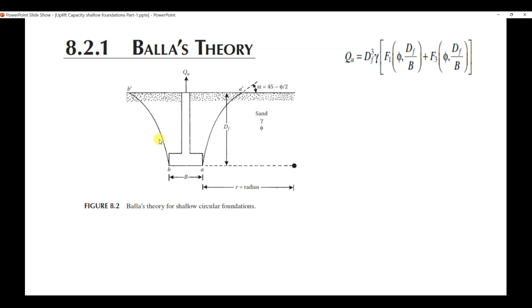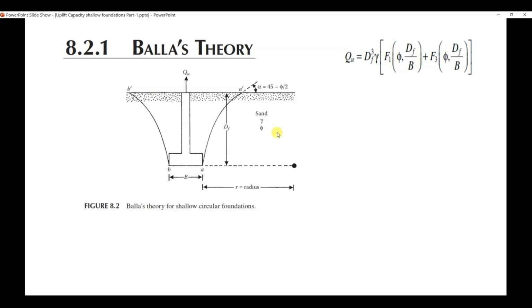This line you see, the thick black line, is the failure surface when the footing is pulled away. Df is, as we can see, the depth of the foundation. It is up to the bottom of the foundation, not the top. So you have to keep it in mind.